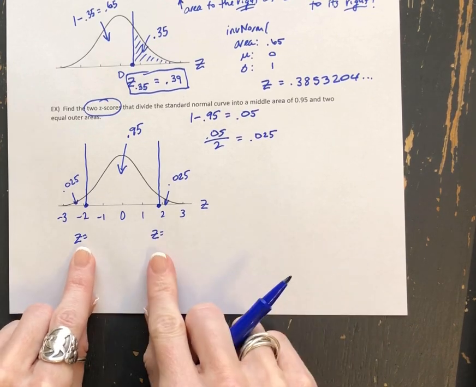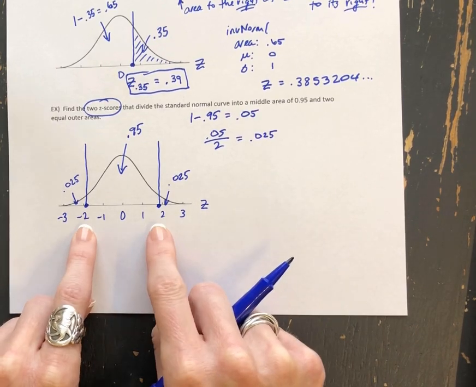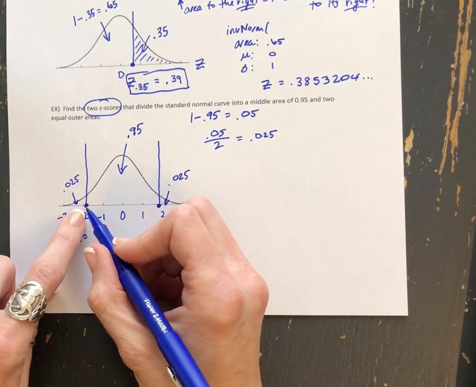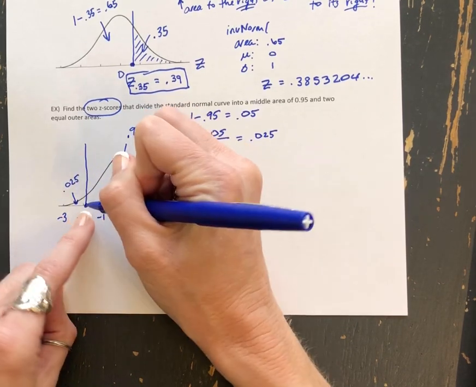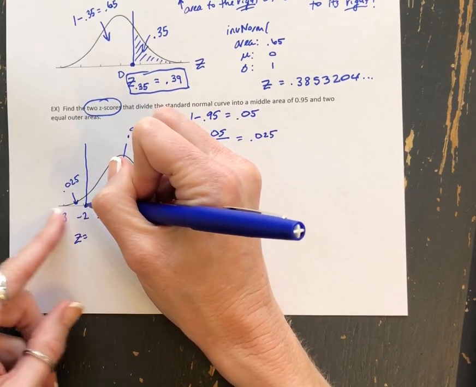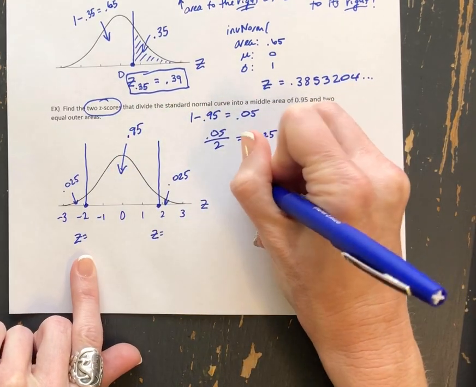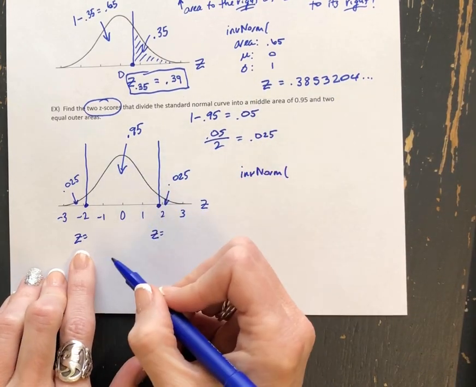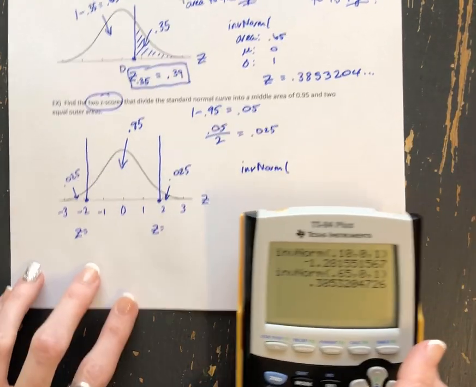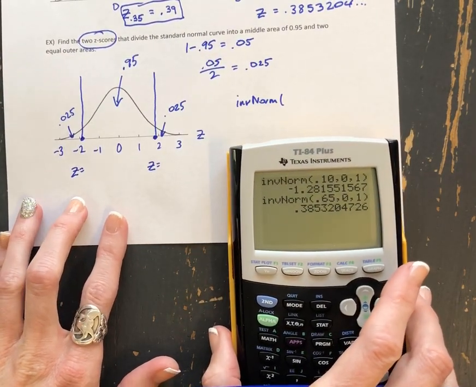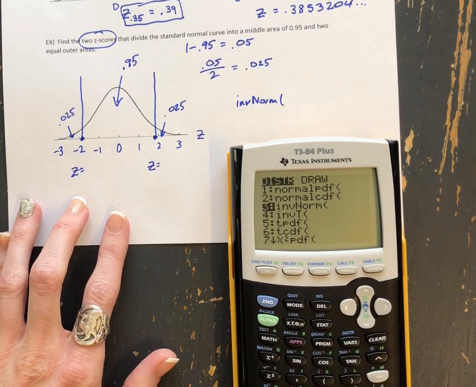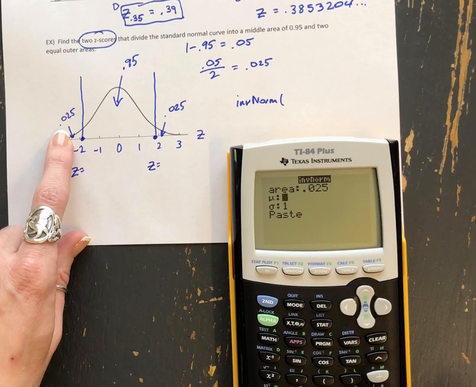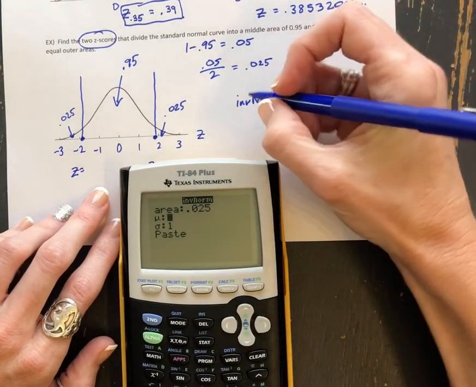All right, so because we know that these z values are going to be the same, just with opposite sign, we really only need to find one of them. This one's probably going to be the easiest because we have a direct number of what is the value of the area to the left of that z-score. So again, we're going to use inverse norm because we know an area, we are looking for a z-score. And so inverse norm, our area to the left is 0.025.